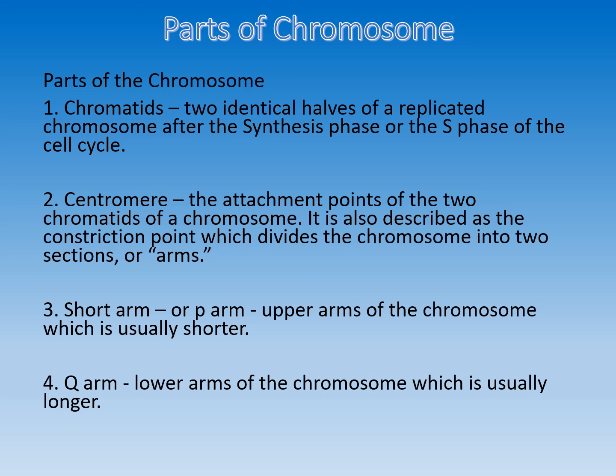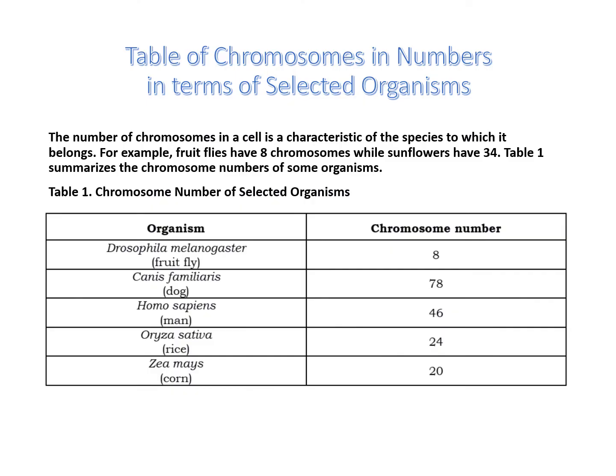Number three is the short arm or P arm, the upper arm of the chromosome, which is usually shorter. Fourth is the Q arm, the lower arm of the chromosome, which is usually longer.